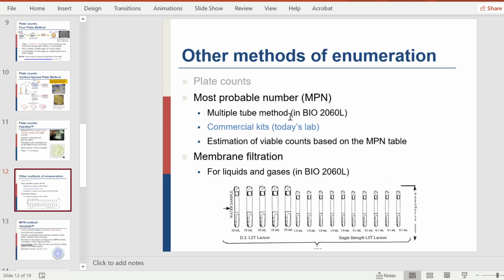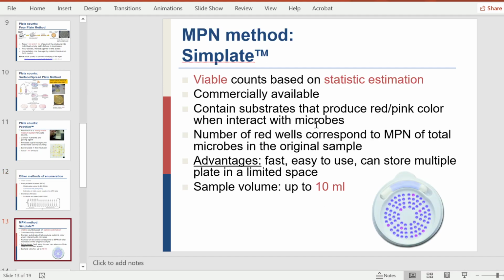So for the most probable number sets, these are going to be another form of enumeration. Unfortunately, we're not going to be working with any of these because this lab's online, but an example of this is the SimPlate, which is going to be counting based off of a statistical estimation. So these are, again, going to be a commercial plate, kind of like the Petri film.